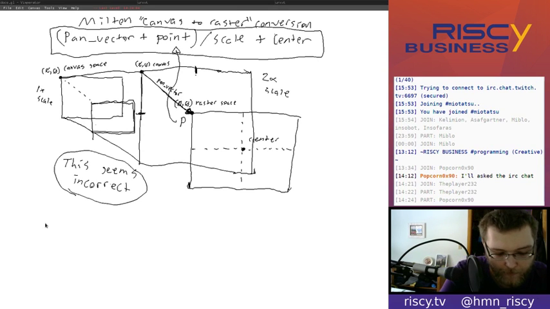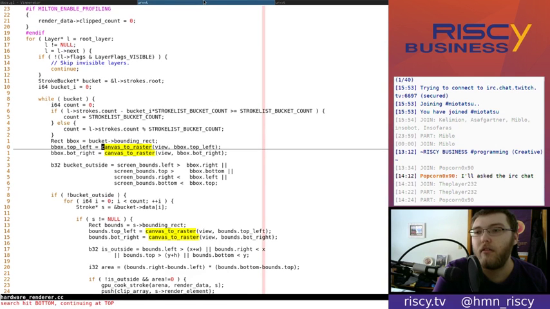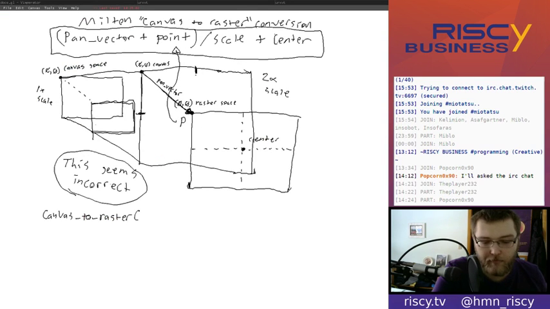Canvas to raster, view and bbox dot top left.